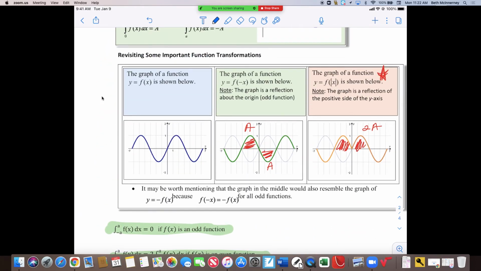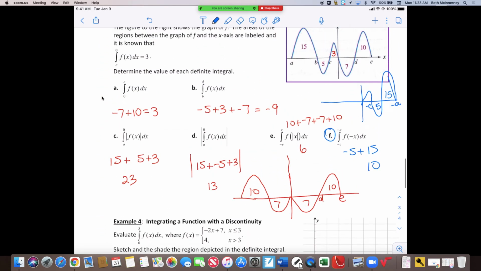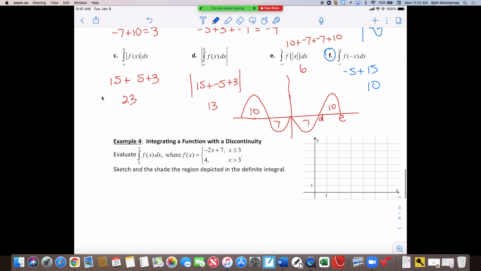It sort of does look like it's going across the y. But when you have an odd function, I like to think of it like this.